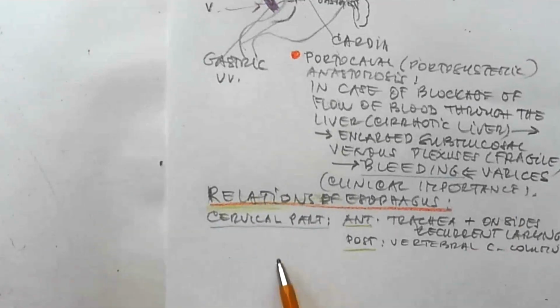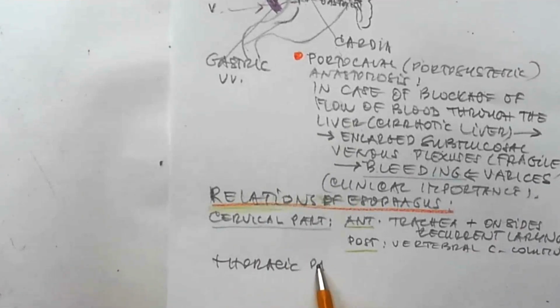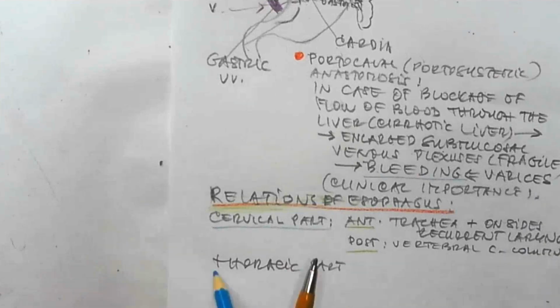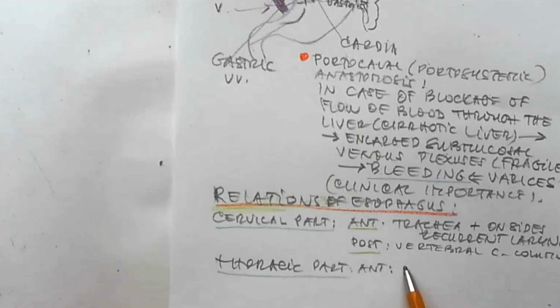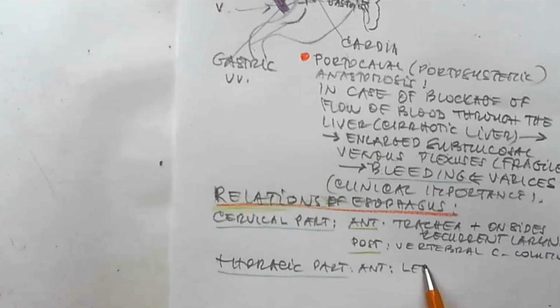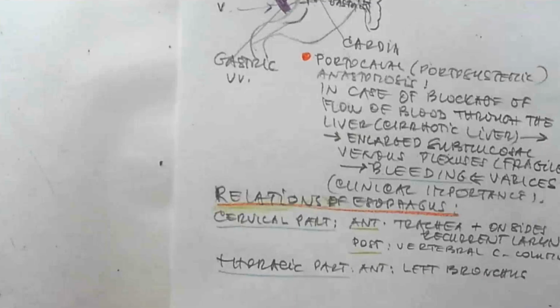Then follows the thoracic part. Anteriorly again, left bronchus, we said that there is this place of the constriction, left principal bronchus, definitely.